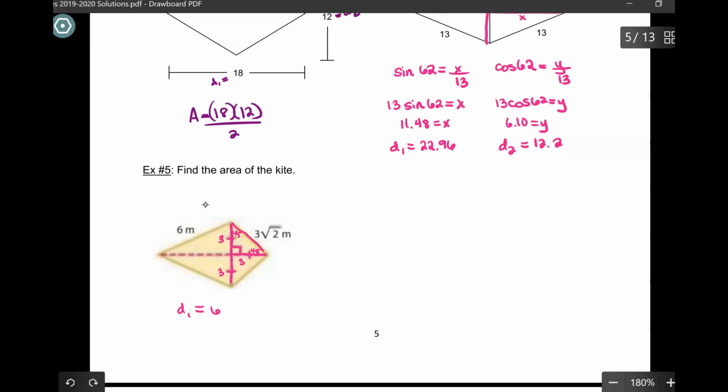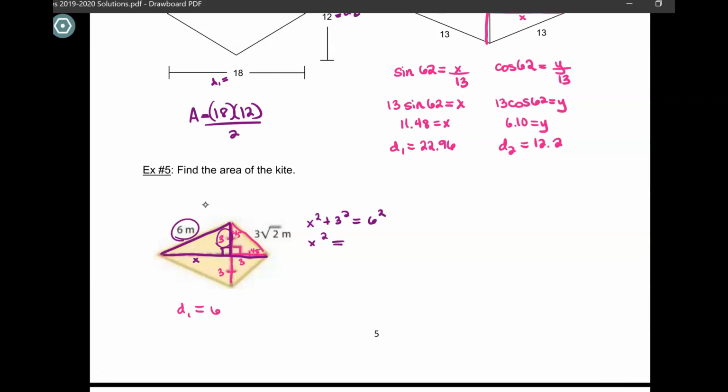Now I have to find this diagonal. So in order to do that, I'm going to look at this triangle. This is no special, so we could use special right triangles if you recognize it's a 30, 60, 90, but that would be difficult for you to recognize. The reason I know it's a 30, 60, 90 is because the hypotenuse is twice the leg. So automatically I know this is going to be 3 root 3. But if you weren't sure about that, then just go ahead, make that x and do Pythagorean theorem. So I'll have x squared plus 3 squared equals 6 squared.